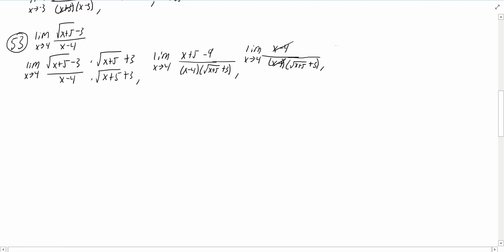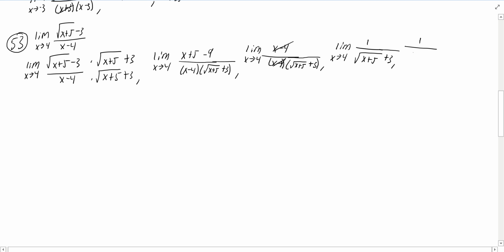And so we're going to end up with a result here of the limit as x goes to 4 of 1 over the square root of x plus 5, plus 3. And so now this is at the point in which we can do direct substitution, which we will.